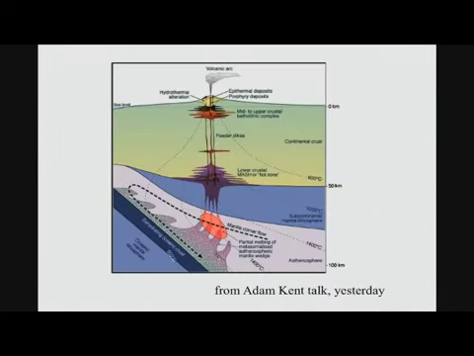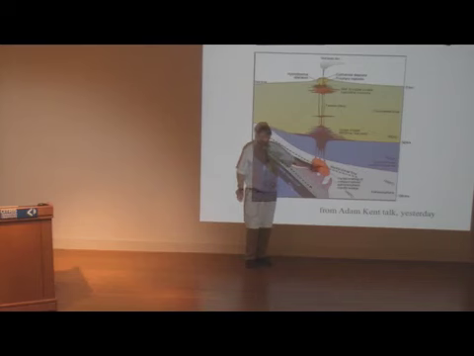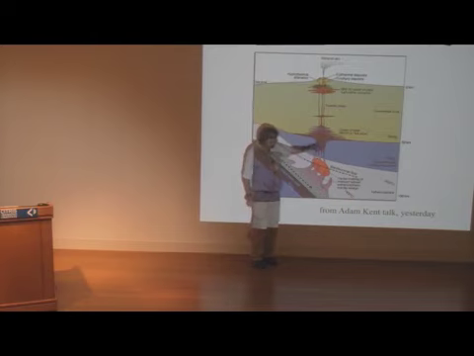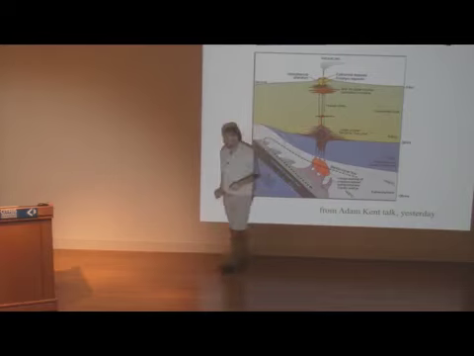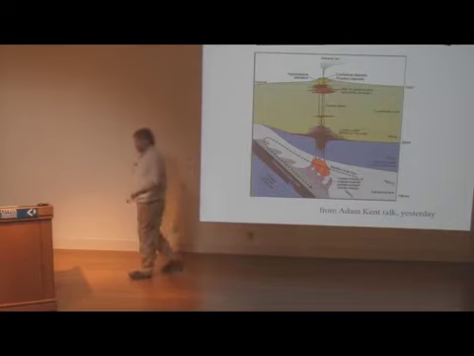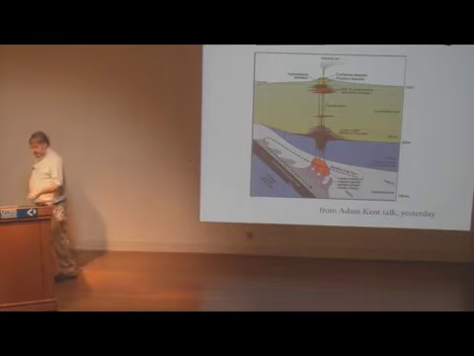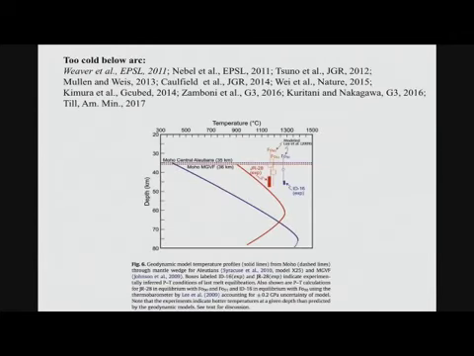So I was heartened by Adam's cartoon, where he doesn't have a cold corner, but it's okay. You get melting at depth in the corner, and then you have this submantle lithosphere that's being penetrated, and then at the lower crust, you get this MASH hot zone that then eventually leads up to, so there should be magma transport from the bottom of the lithosphere into the bottom of the crust.